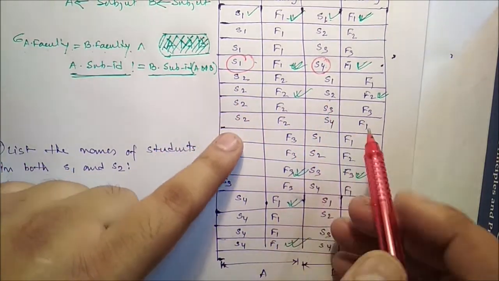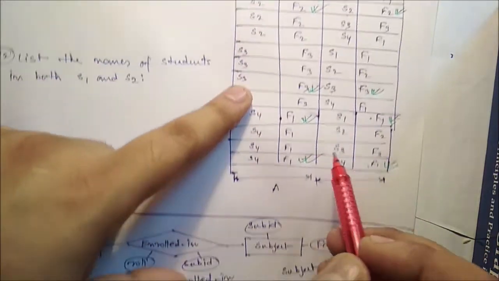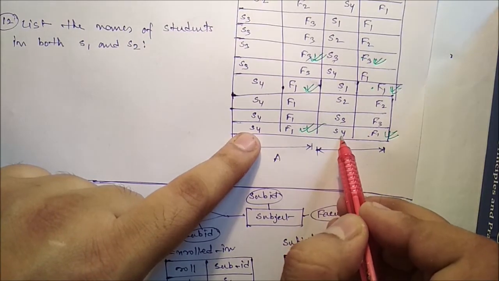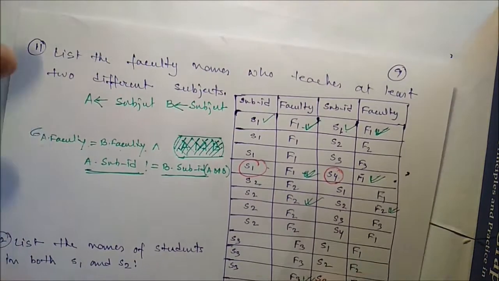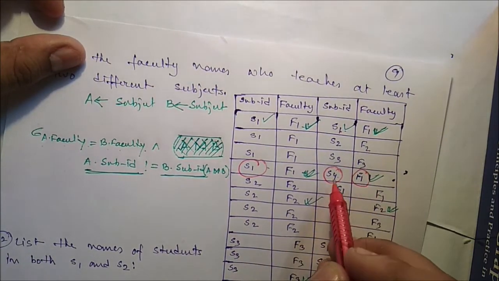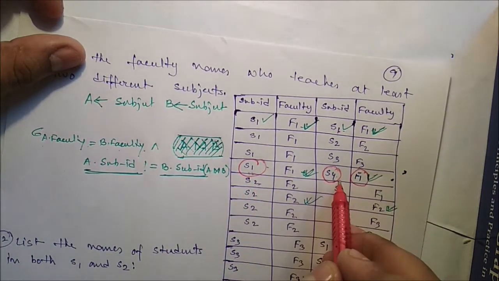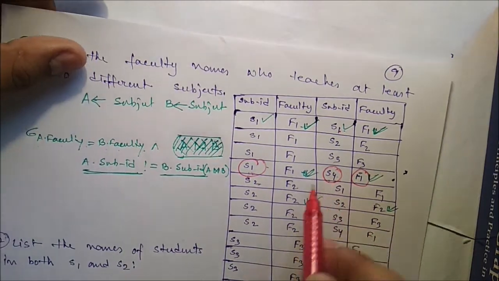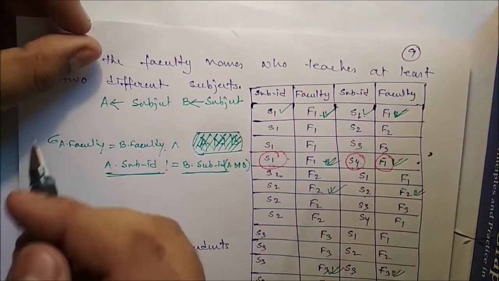S2 S2, next S3 S3, here S4 S4, it is the same. So we need only the faculty name where different subjects are there, S1 and S4. So here we need only the faculty name.